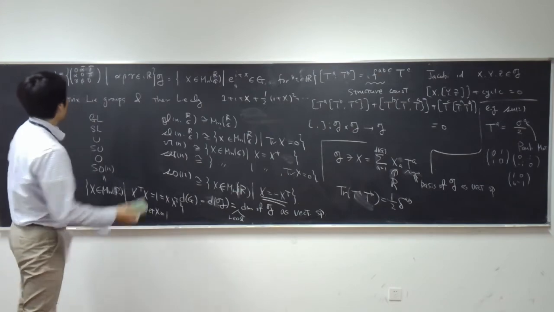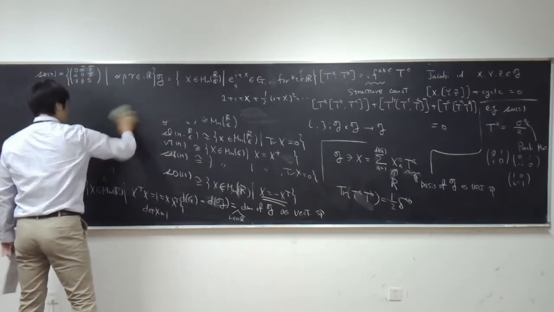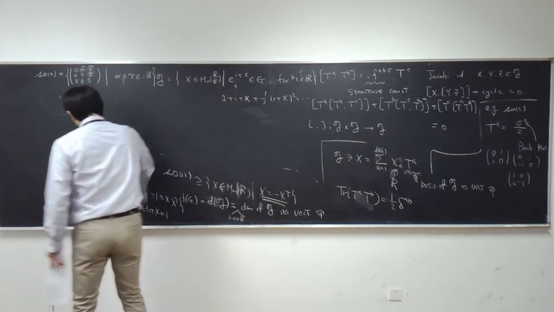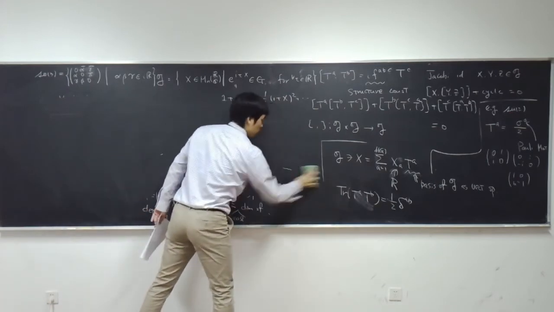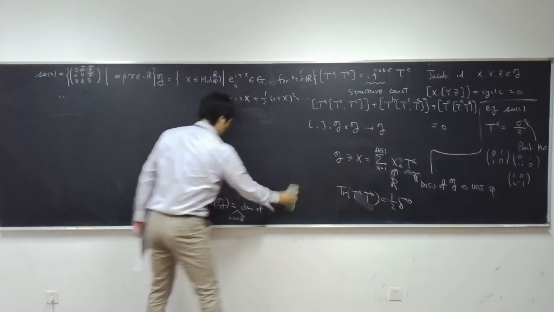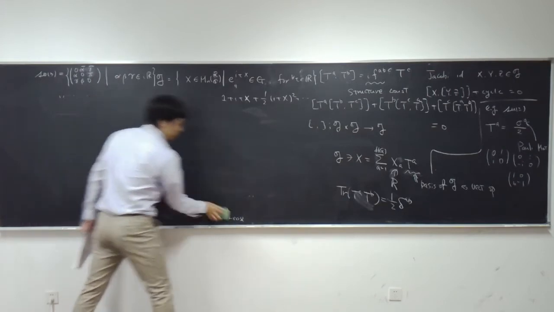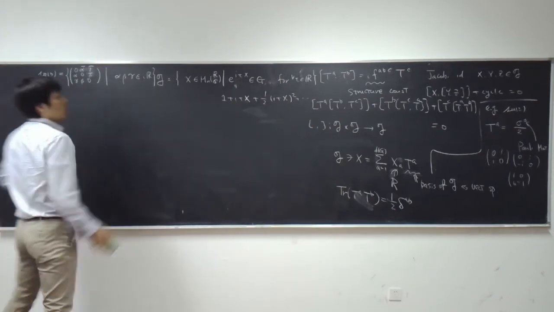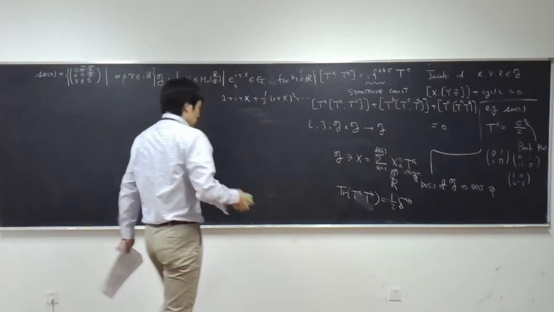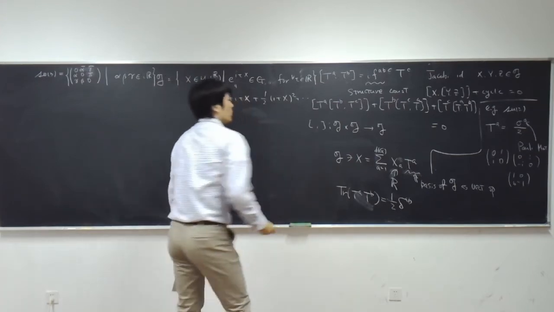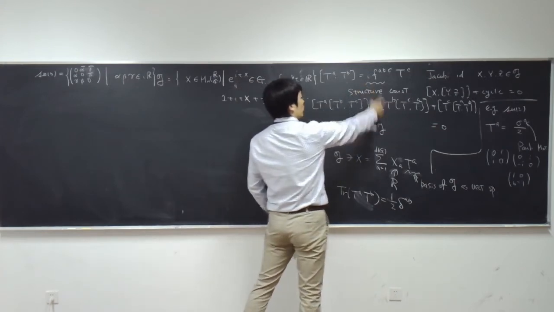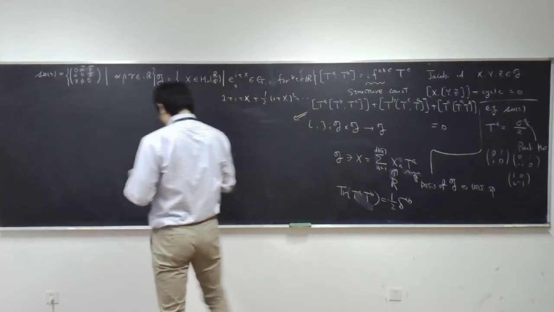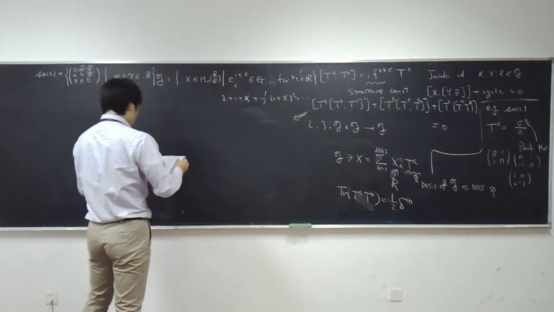Yeah, so let me erase. So where are we at? We just introduced the structure constants, so that one can rewrite the Jacobi identity in terms of the structure constants.